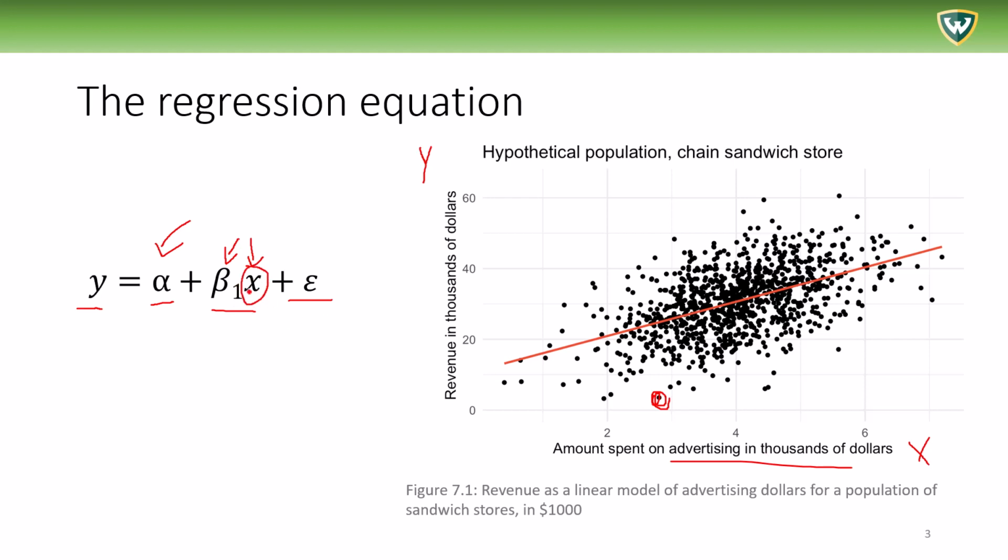In this case, it will be advertising, and we build it in this way so that we can see how much the impact, or the association, more precisely, of advertising is with, in this case, revenue, which is here on the left side. And then what is the beta? Well, the beta is the slope of the line. It's the slope of the line here.